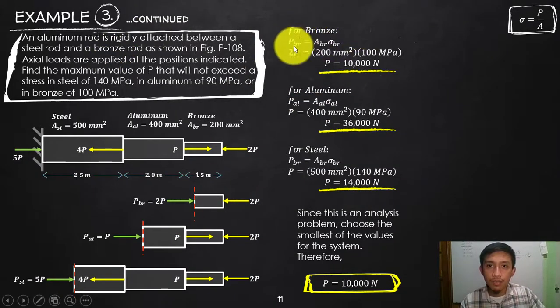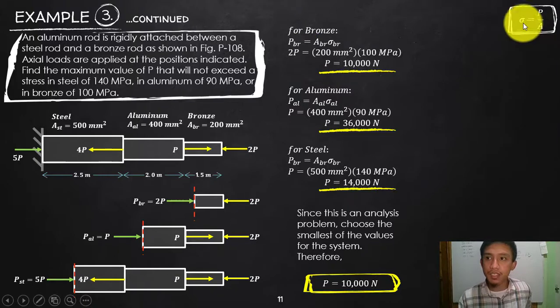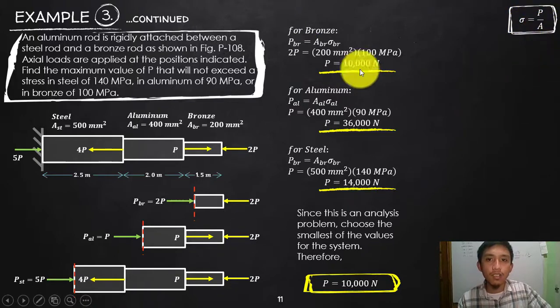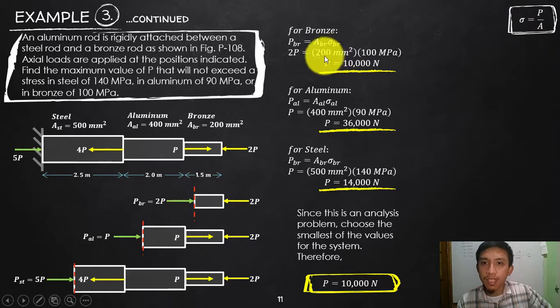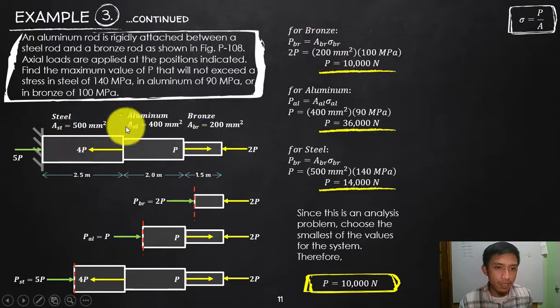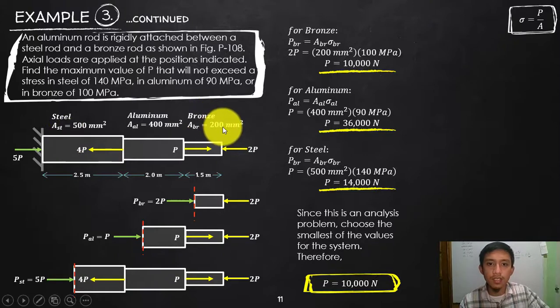So continuation, there's continuation here. So for bronze, we will try to rearrange. Again, the formula is sigma is equal to P over A. What do we need? What we need is the P, that is the unknown. So rearrange, your P is equal to sigma times A, or A times sigma. The area of the bronze that is given here is 200 mm squared. Megapascal you can transform in Newton per mm squared. So mm squared cancels, you will end up with a Newton force.